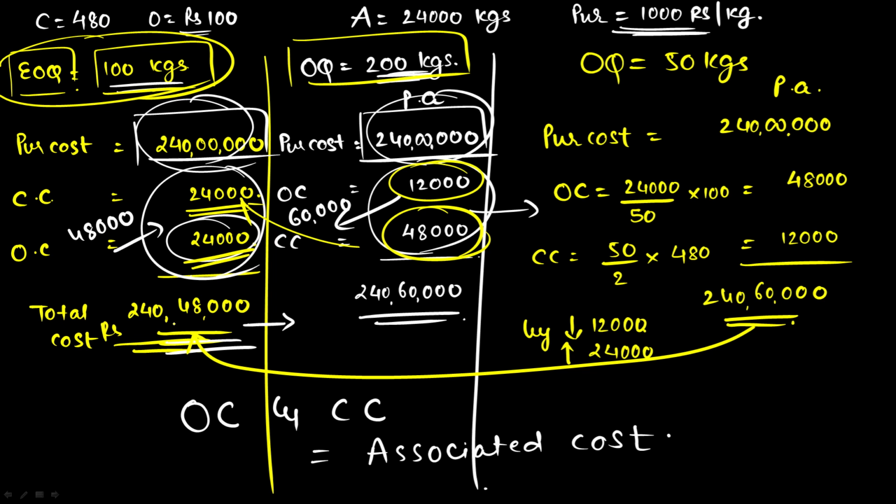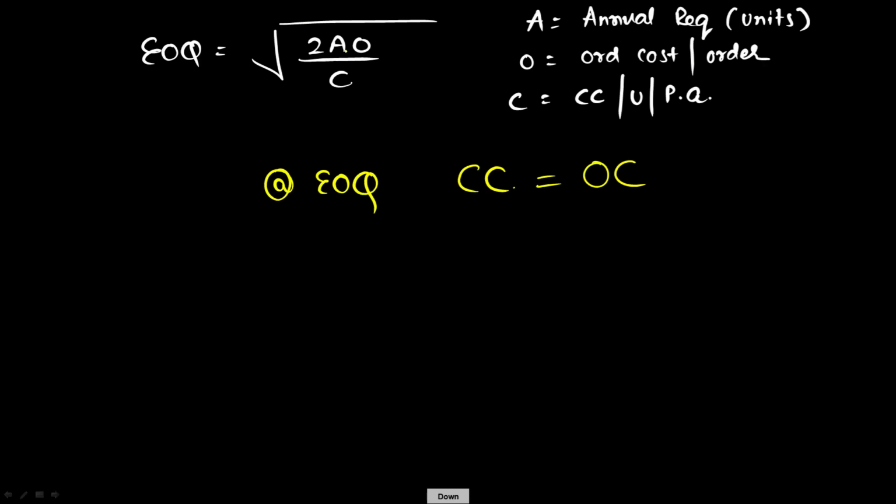He took n numbers of samples and tried to make this cost minimum. And he understood that if I equalize the cost, if I find the unit at which the cost will be equal, which cost will be equal? Carrying cost and ordering cost will be equal, and that would be most economical. By increasing or decreasing some of the cost, ultimately my answer is increasing. So he tried out a formula at which carrying cost is equal to ordering cost.